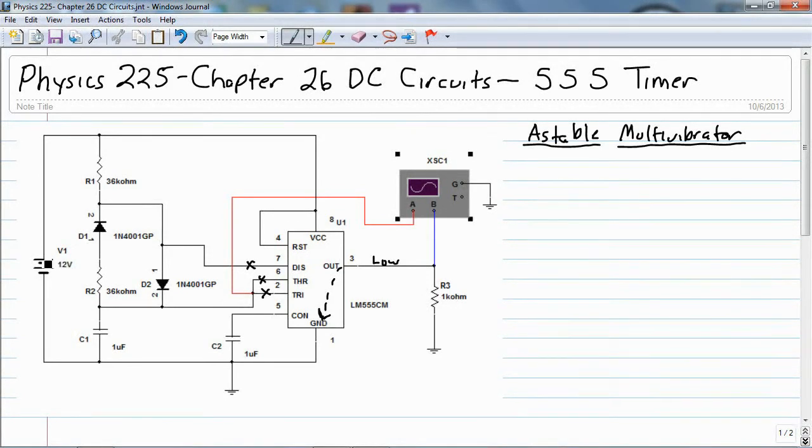Now, when we turn on this switch or connect the power, the current is going to flow, and it's going to come to this point, and it's going to see this path, so it's going to flow through this resistor. These are diodes, and diodes only allow current to flow in the direction of the arrow, so it's going to see this diode and know that it can't go through there, so it's going to go this direction because it sees this diode here, and the current's going to flow.